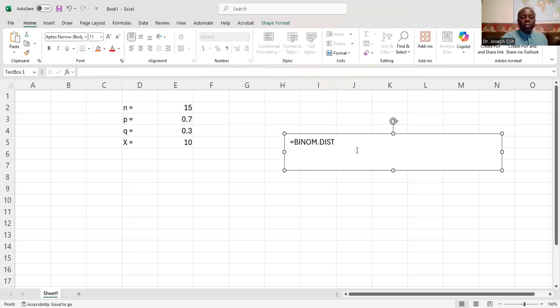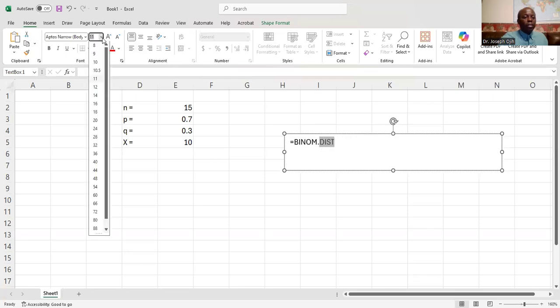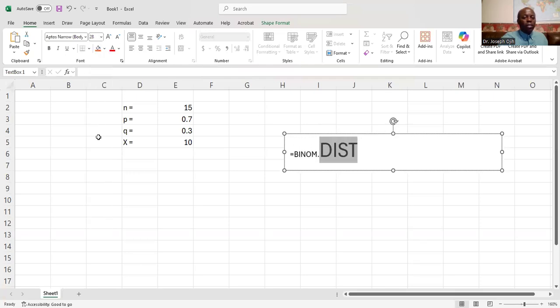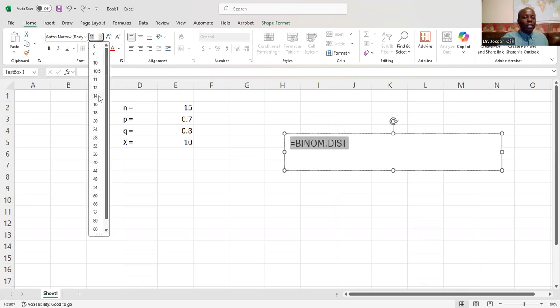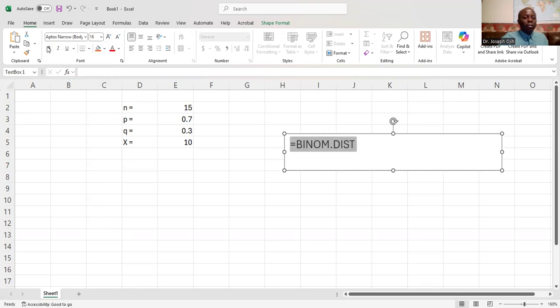That's the formula you're going to use. BINOM.DIST, make it size 16, that should be good enough. Make it bold. That's the formula you need right there. So let's put it right here.